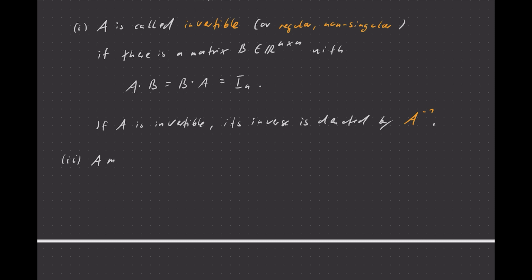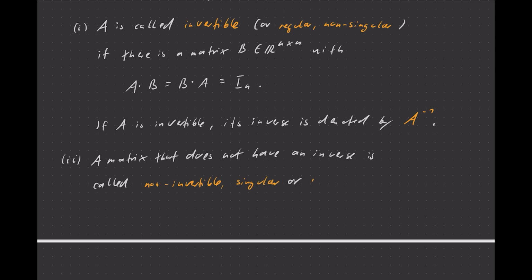So a matrix that does not have an inverse is called either non-invertible or singular or possibly non-regular.